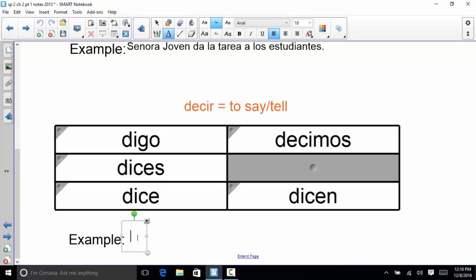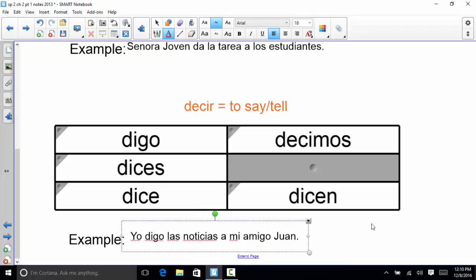So an example of decir that would use an indirect object in the sentence might be something like, I tell the news to my friend Juan. Yo digo las noticias a mi amigo Juan. So anything that comes after the a is the indirect object. So this whole thing, mi amigo Juan, is the indirect object in the sentence.